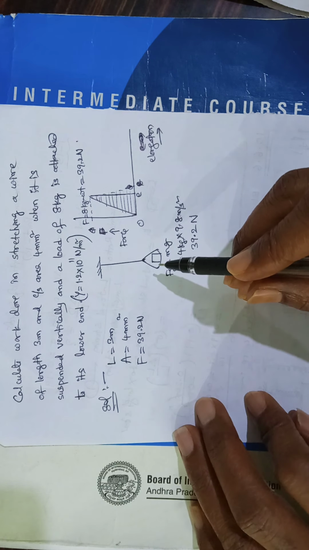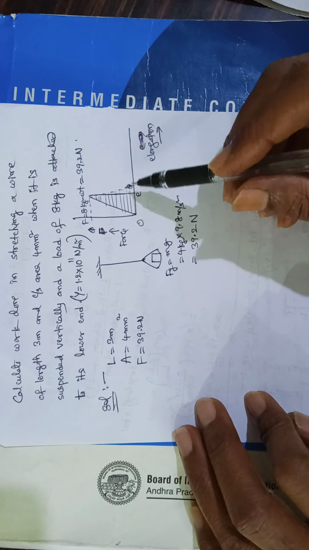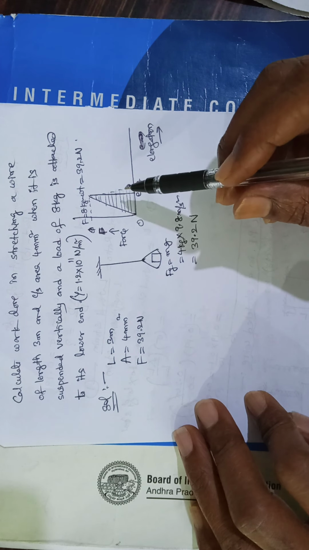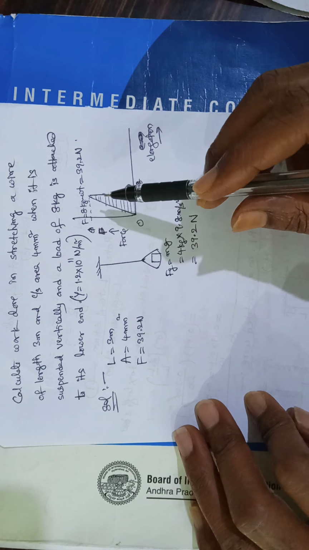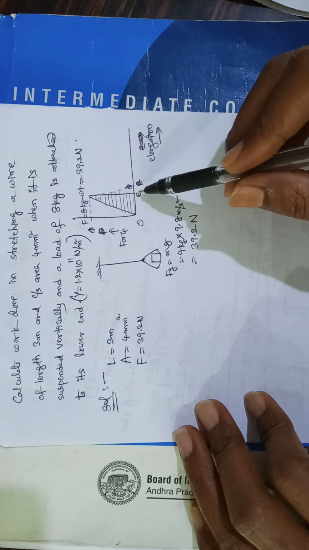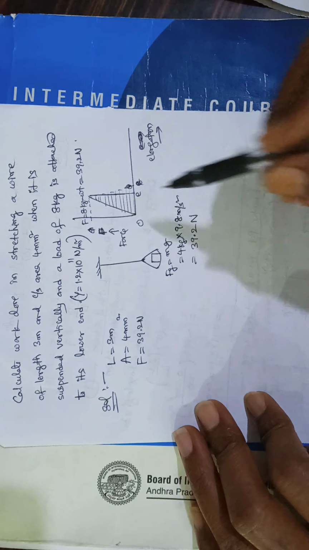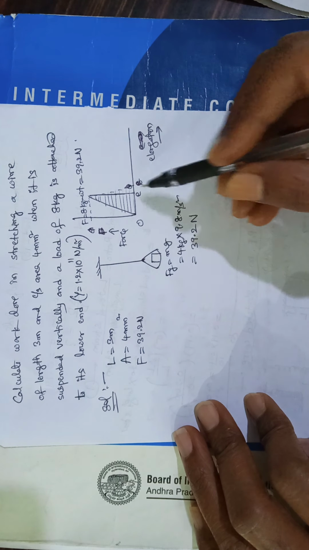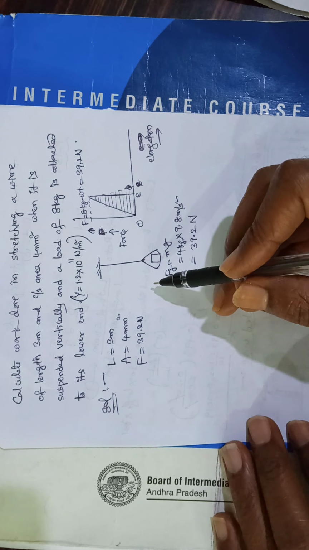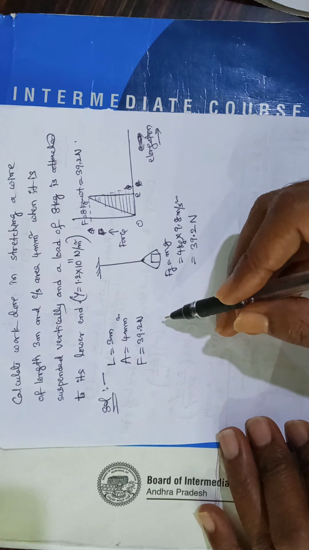See, in the experiment we gradually increased the load, and when the load was 4 kg weight, the elongation in the wire is this much. So here in the problem elongation is not given. So to find the elongation, let us make use of the expression for Young's modulus.